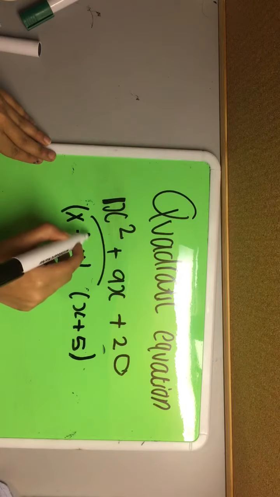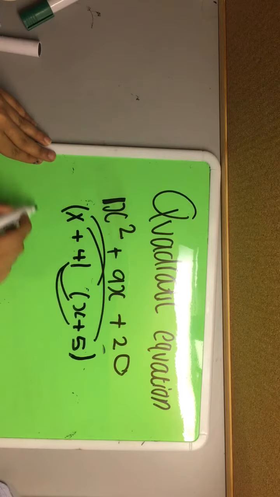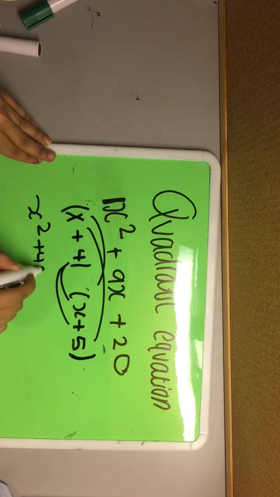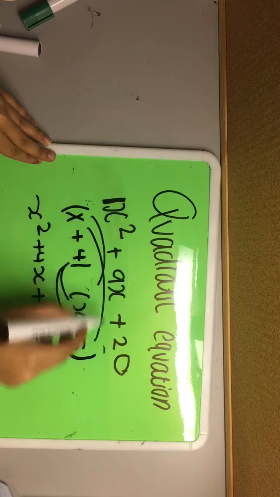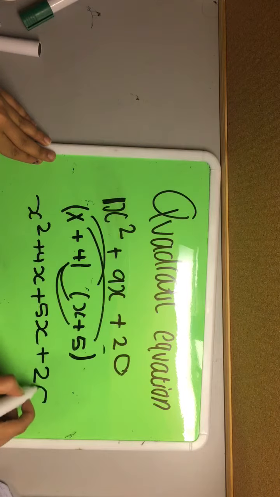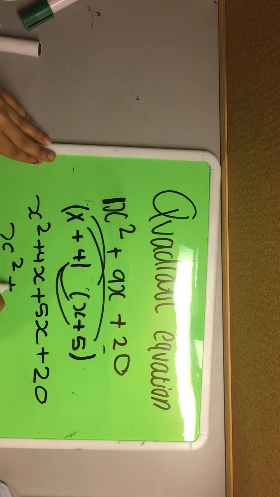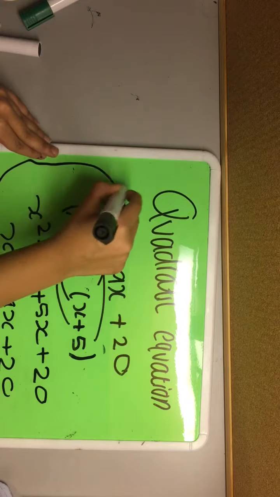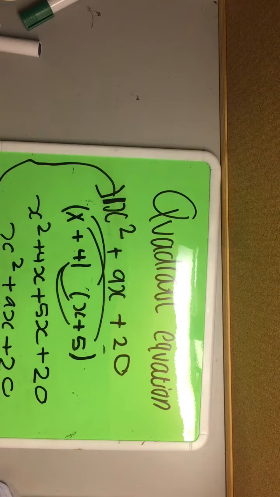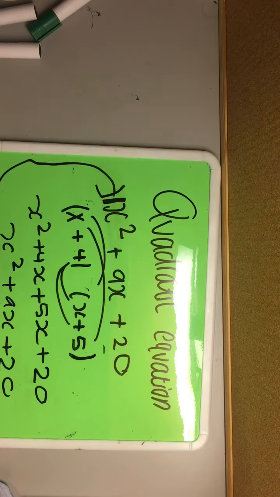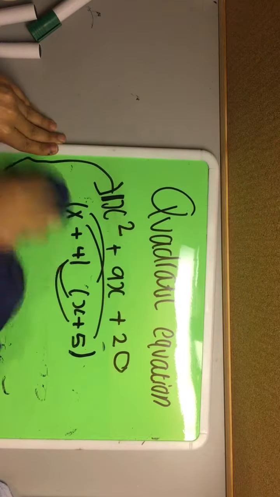So if we did that, x squared plus 4x plus 5x plus 20, simplify that, x squared plus 9x plus 20, and that gives you what we had originally. So the factorized expression is x plus 4, x plus 5.